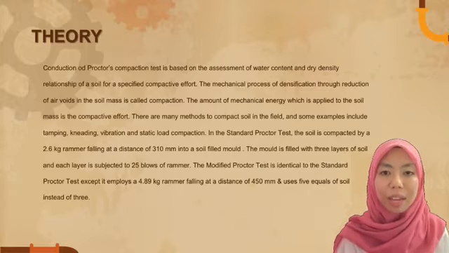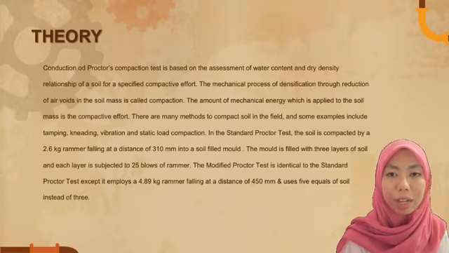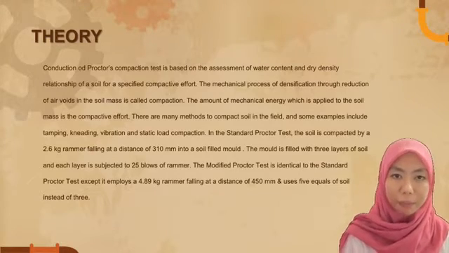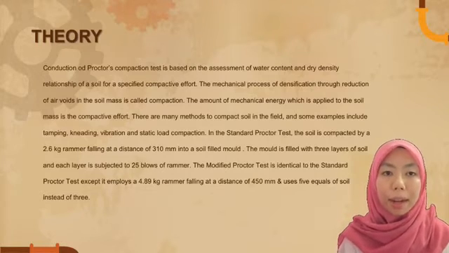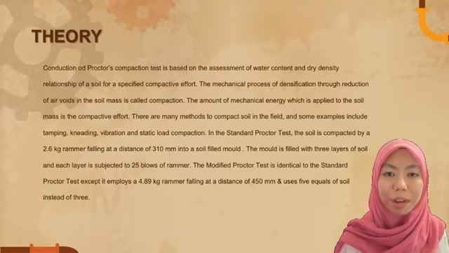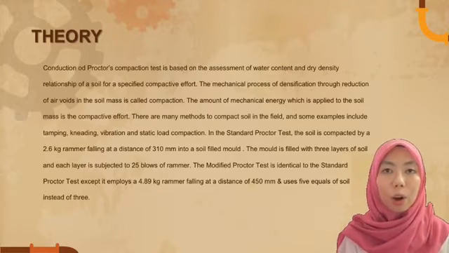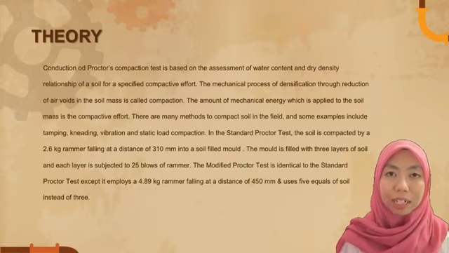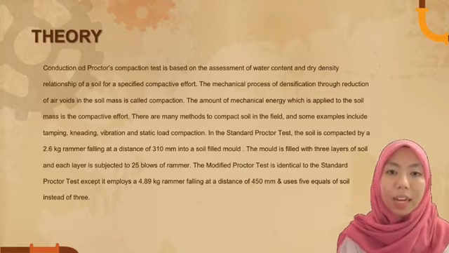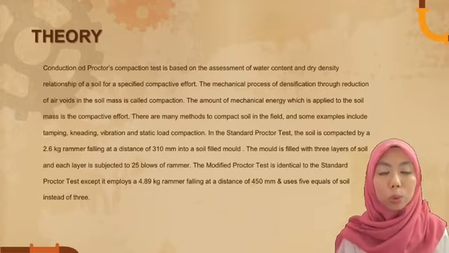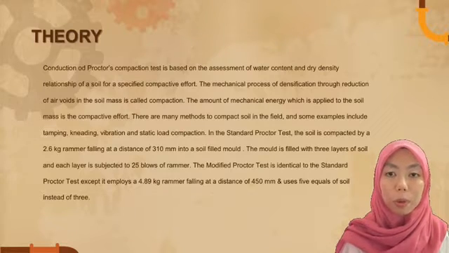Next, there are many methods of compacting soil. Some examples include tamping. In the standard Proctor test, the soil is compacted by a 2.6 kg rammer falling at a distance of 300 mm into a soil, and each layer is subjected to 25 blows of the rammer.